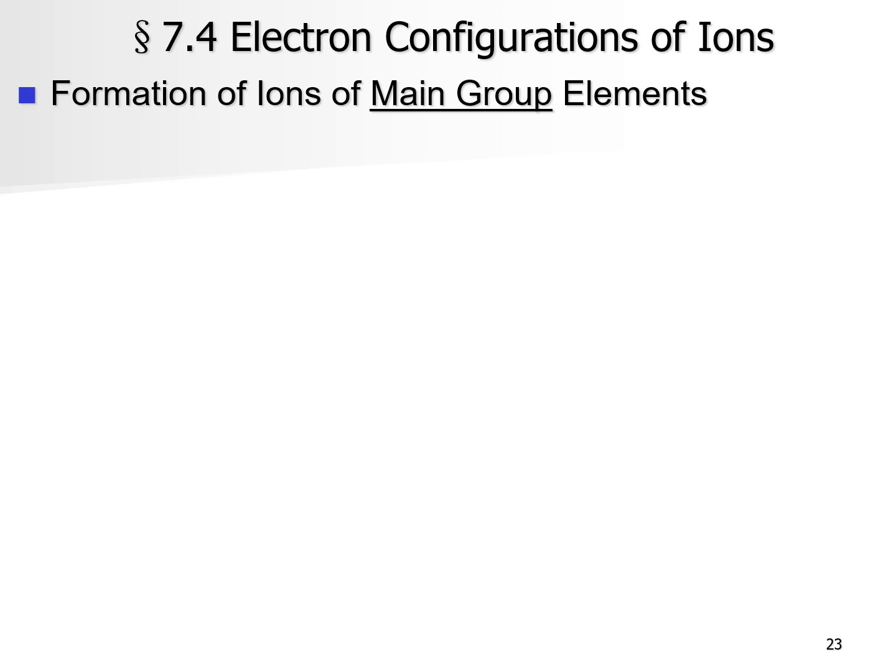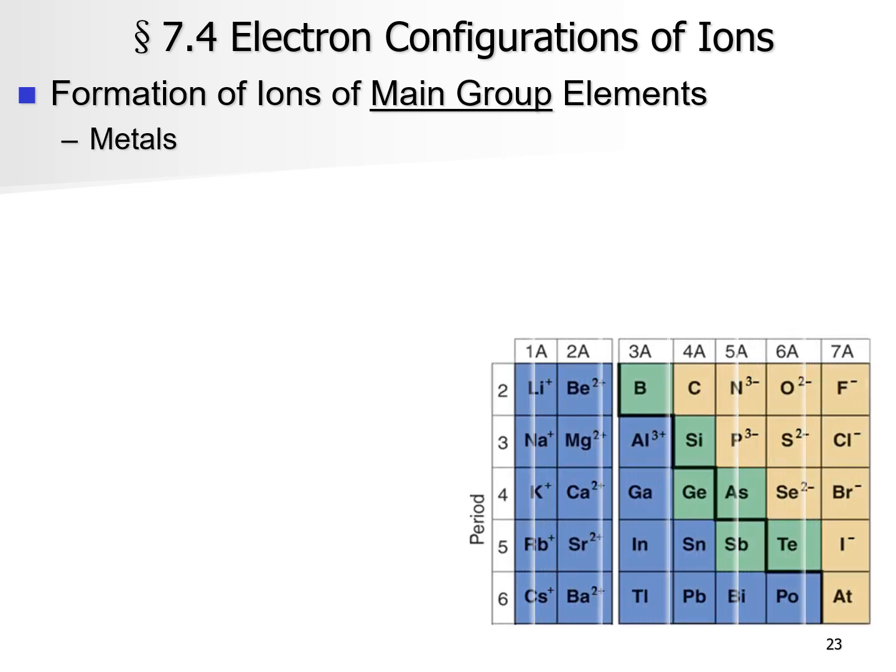We have spent some time talking about the electron configuration of atoms. Now, let's talk a little bit about the electron configuration of ions. For example, metals.